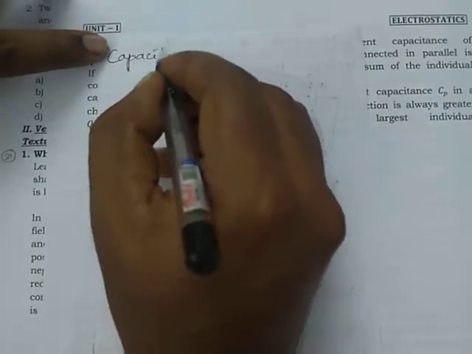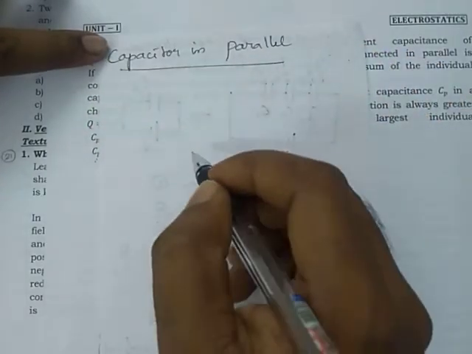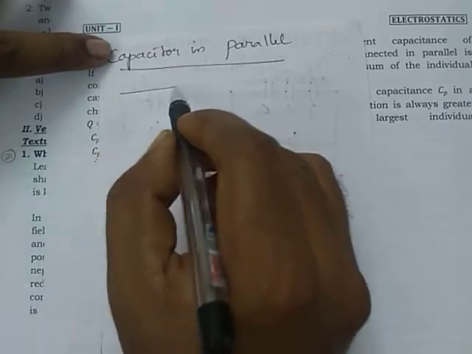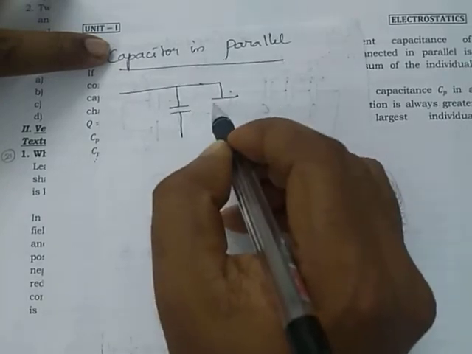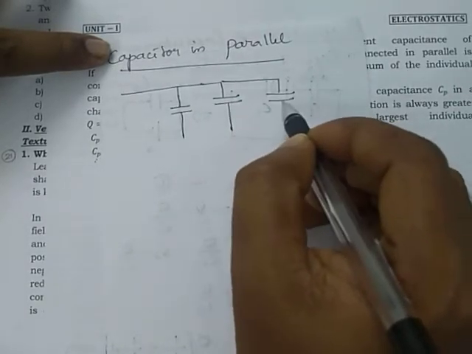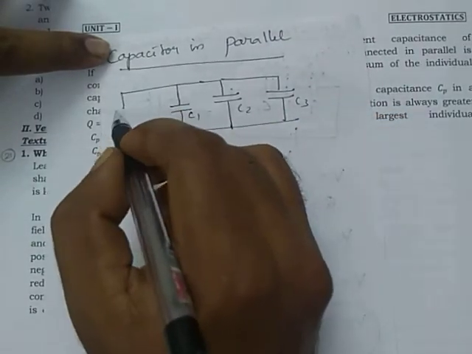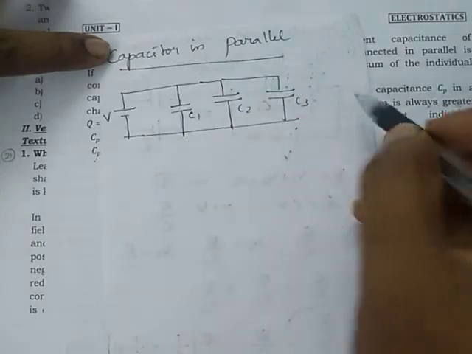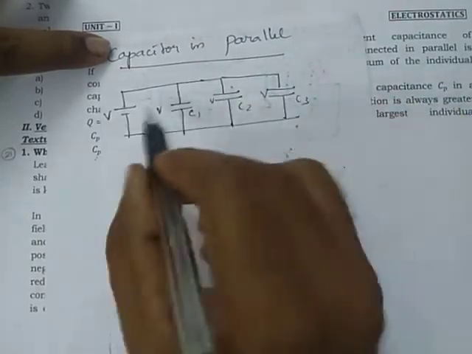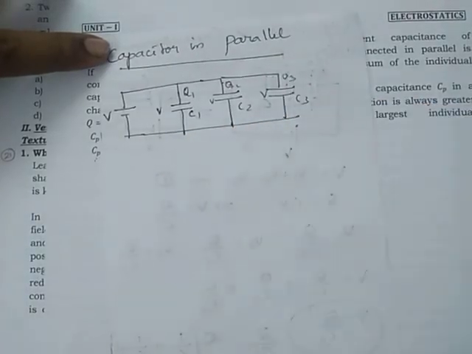See, capacitors in parallel. For this we need to consider three capacitors having capacitance values C1, C2, C3, connected with a potential difference V. In this case the potential drop across each capacitor will be the same, V, because they are connected in parallel, but the charge on each capacitor will be different: Q1, Q2, Q3.